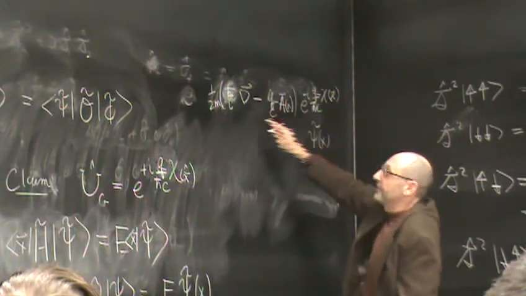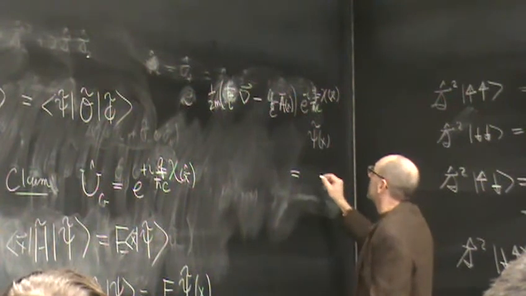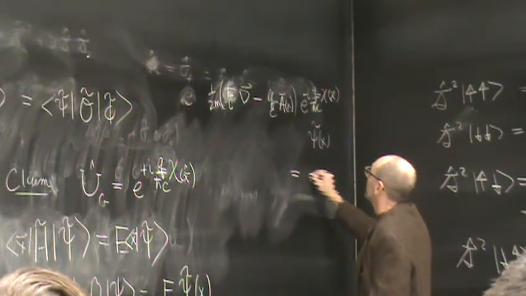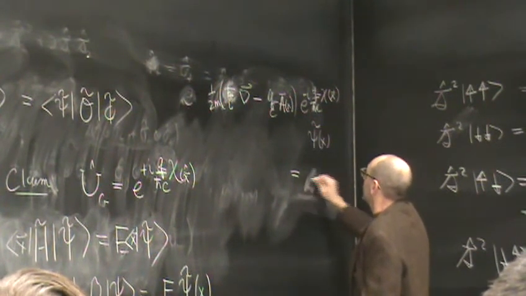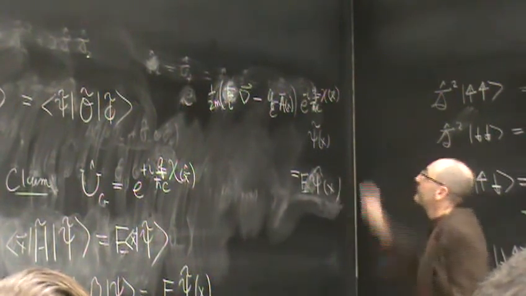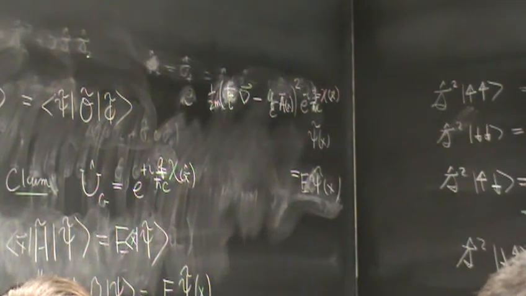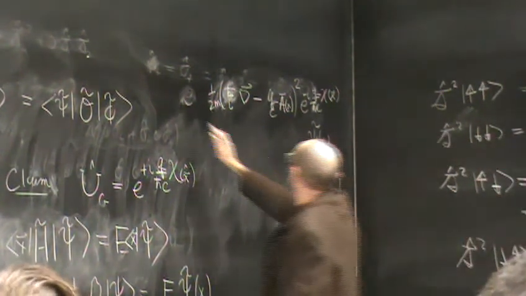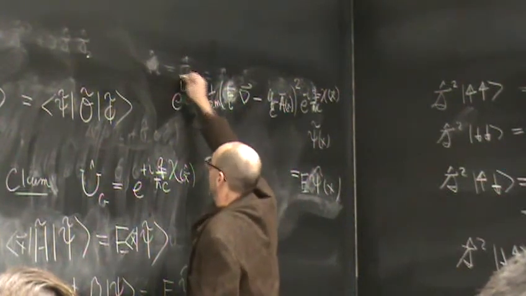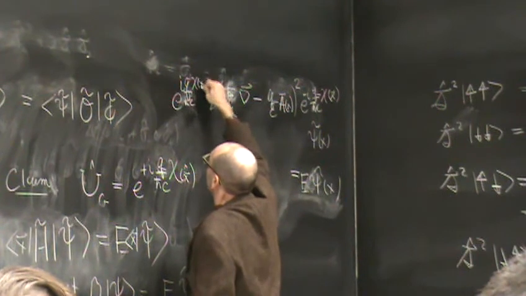So that's what that phase is, acting on this square. Do we need another e on the other side? We do. That's back out, e to the i q over h bar c chi of x.